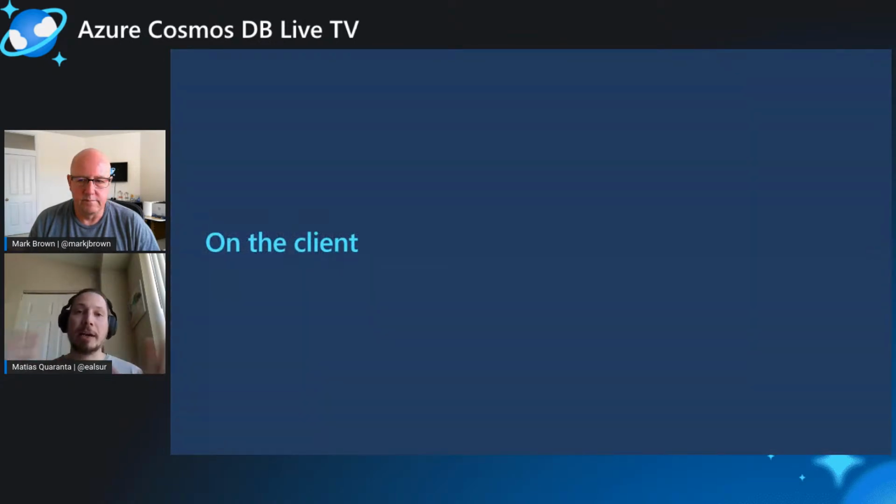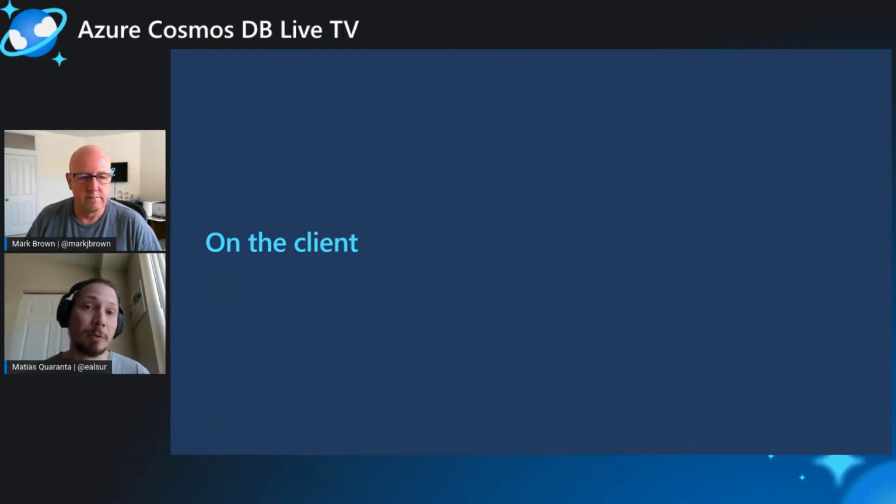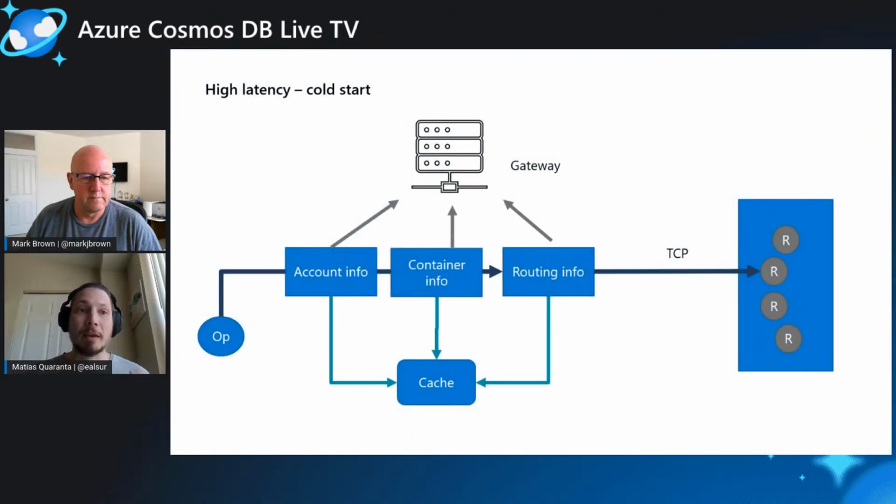Now, when we talk about errors or failures, it's easy if we split this into two groups: which failures can happen on the client environment, on the client machine or client network, and which errors might happen on the backend, and how to diagnose and troubleshoot those. The most common error is what we call the cold start.